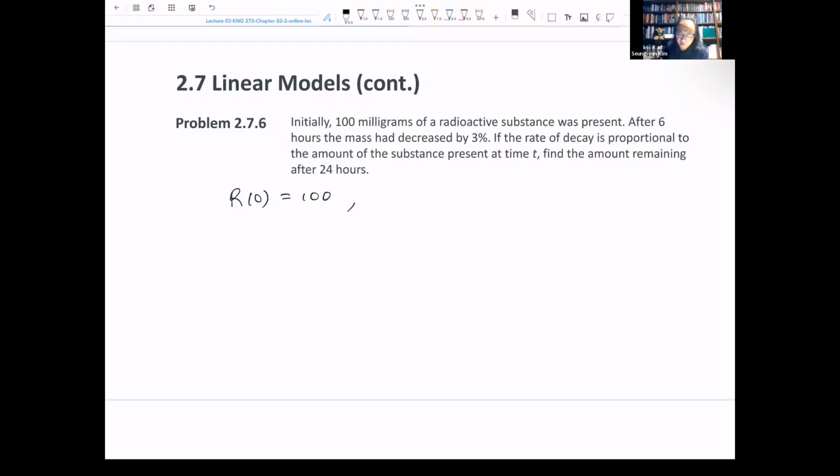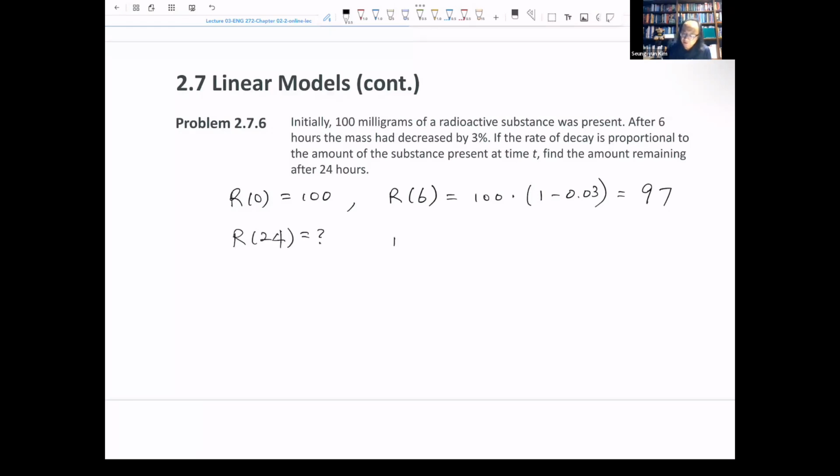At 6 hours, R of 6 equals original times 1 minus 0.03, which is 0.97, so basically 97 milligrams. If the rate of decay is proportional to the amount of the substance present at time t, find the amount remaining after 24 hours.